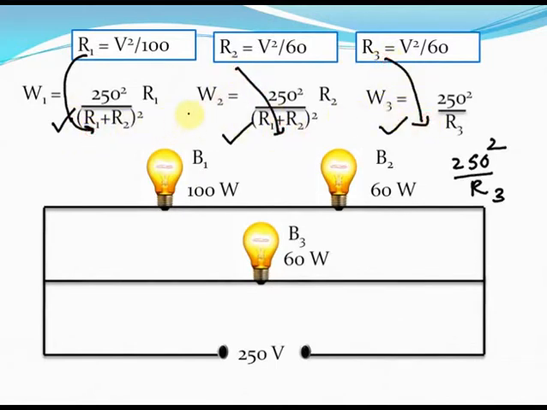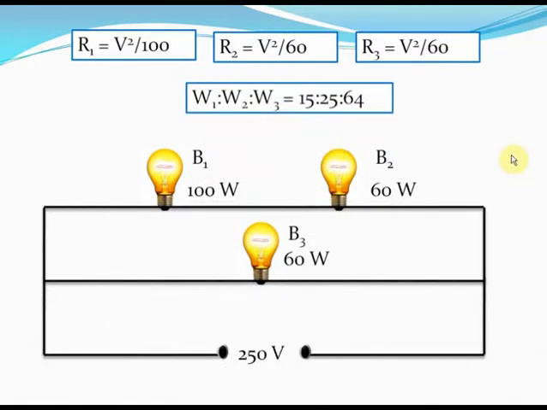After all, R1 is V square by 100, R2 is V square by 60 and R3 is V square by 60. When we substitute these values, we get W1 is to W2 is to W3 as 15 is to 25 is to 64. What that means is that the ratio W2 to W1 is 25 by 15 and W3 by W2 is 64 by 25.